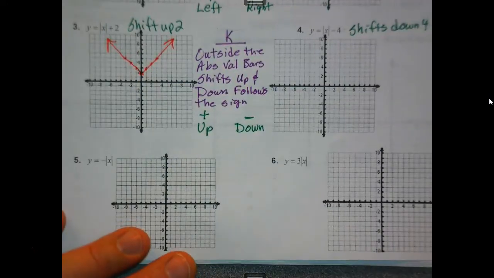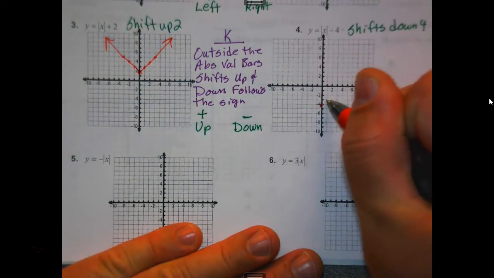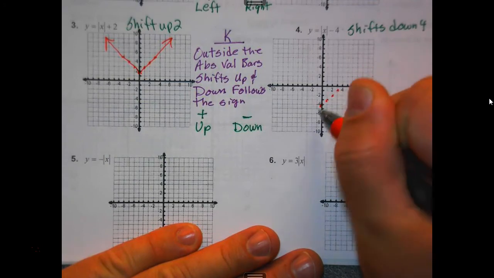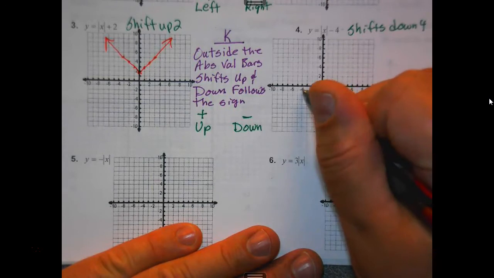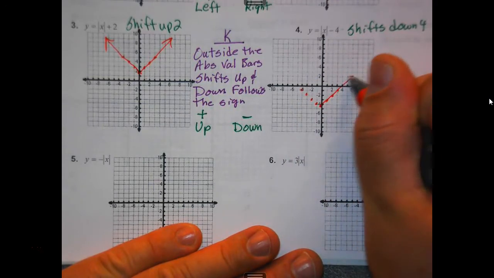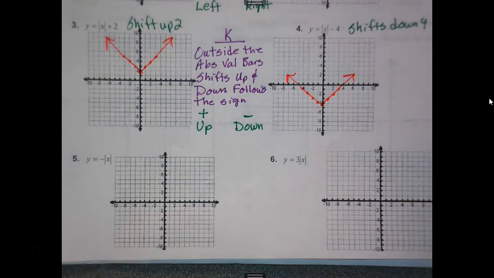And this one's going to move my parent graph down 4. So our k follows the sign. Everybody understand what my k does to my parent function, my parent graph?